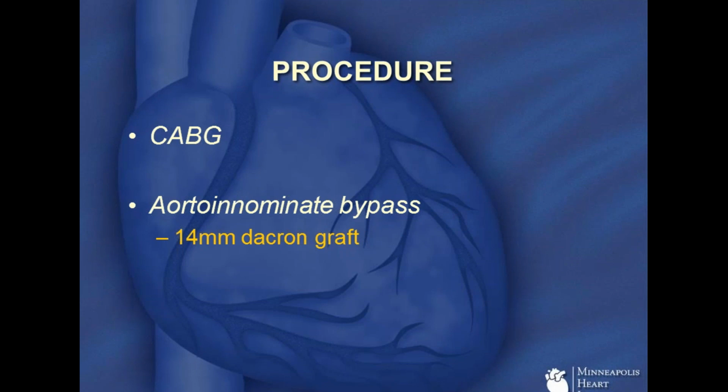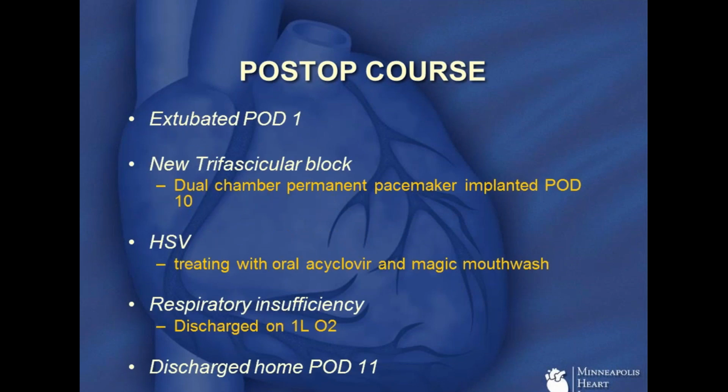His innominate was a rock, as you can imagine, because he had a short segment of totally or 90+% occluded innominate. So we put a side-biting clamp on his aorta just below the innominate, and we sewed a 14-millimeter graft onto it to help bypass the innominate. Then we just transected it totally higher up and did an end-to-end distally on that.